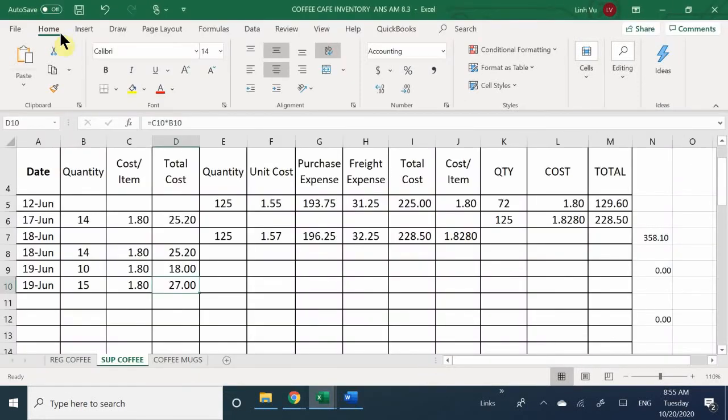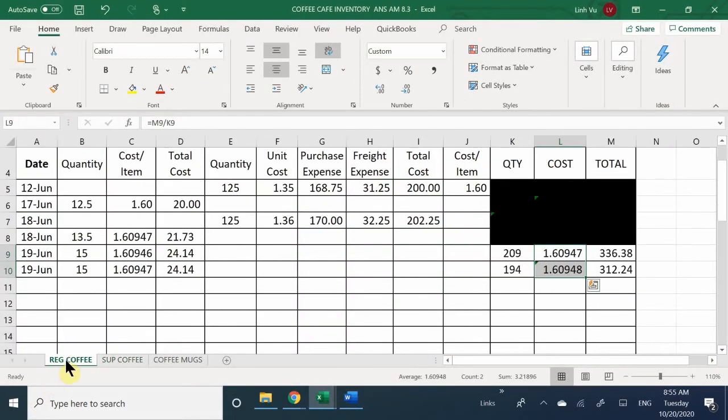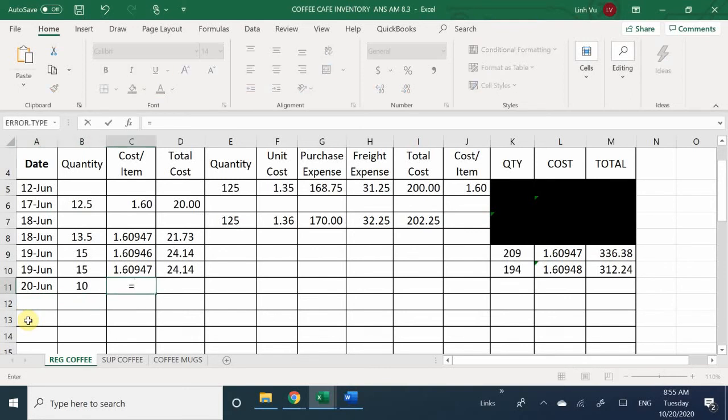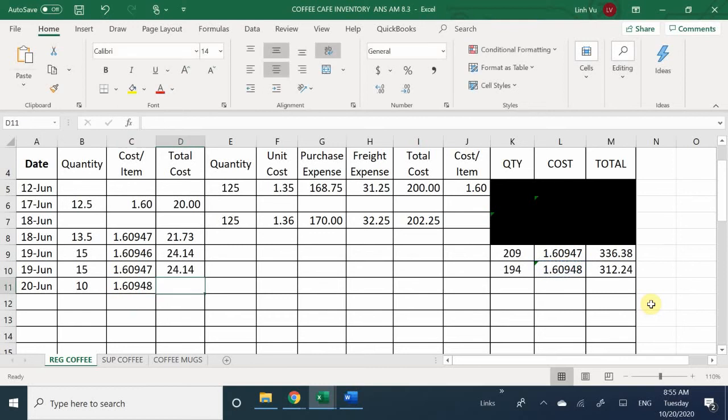Okay. So we know we sold 10 pounds of regular. And how much is the cost per item right now? 1.60948. So this is where we do the equal round.